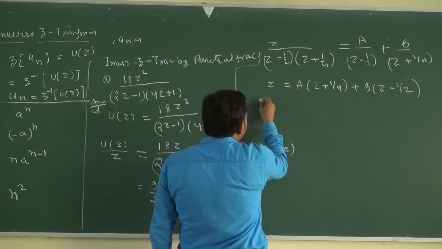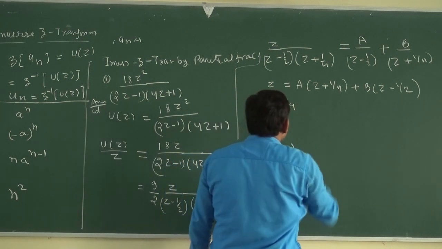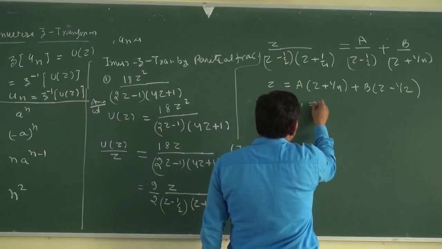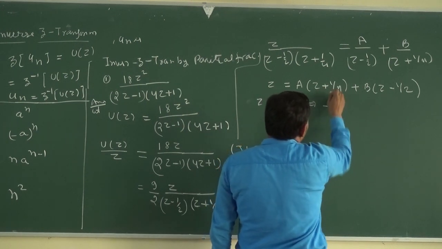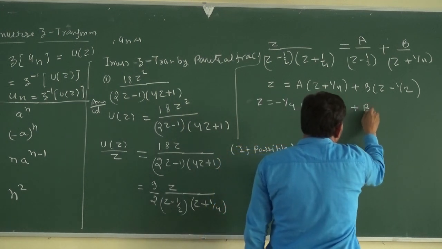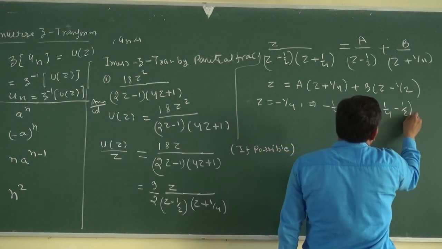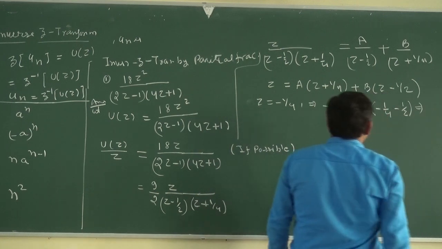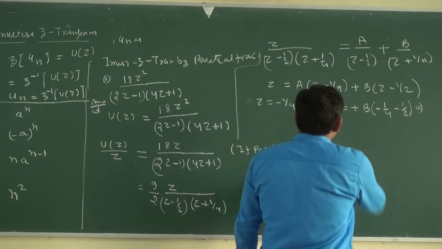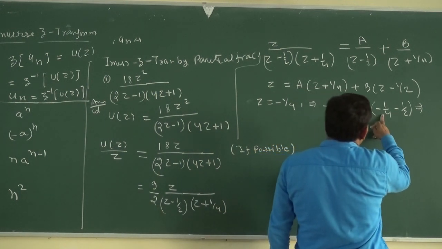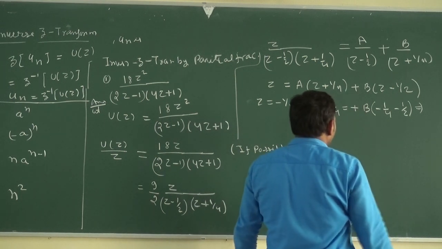If we put z equal to minus 1 upon 4, then the a term goes to 0, plus b times (minus 1 upon 4 minus 1 upon 2). This equals minus 1 upon 4 minus 1 upon 4... minus 3 upon 4.